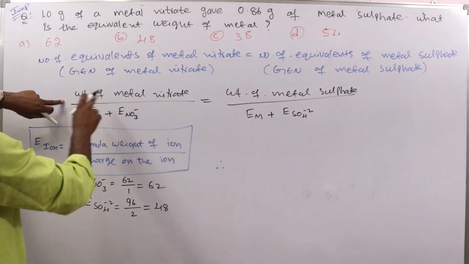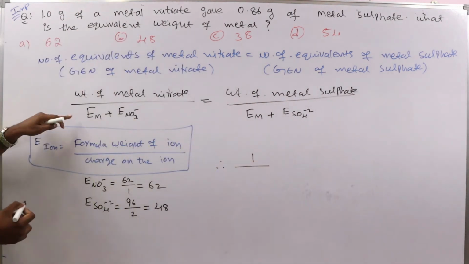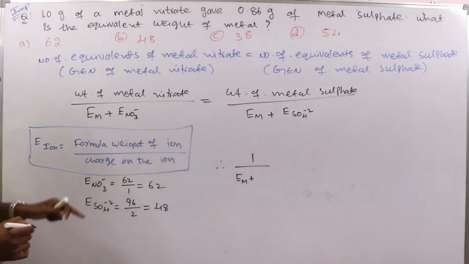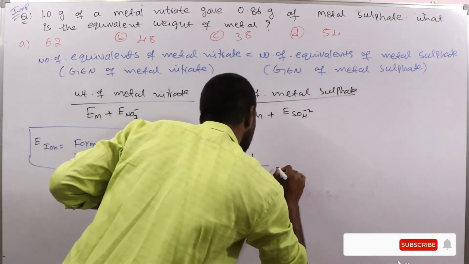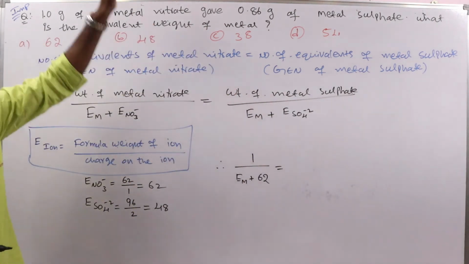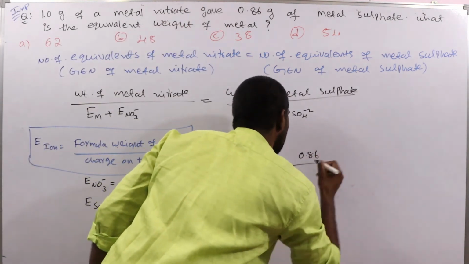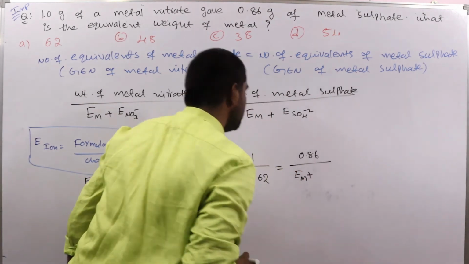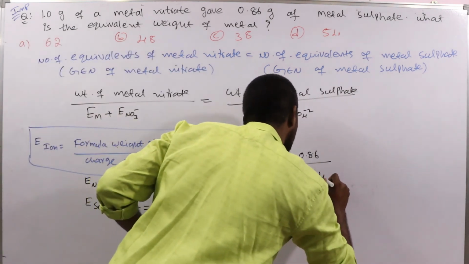Weight of the metal nitrate is given, how much? 1, by equivalent weight of metal we have to calculate, plus equivalent weight of nitrate, 62. That is equal to weight of the metal sulfate, 0.86, by equivalent weight of metal plus equivalent weight of sulfate, we are getting here 48.